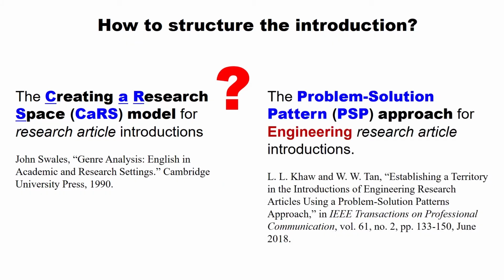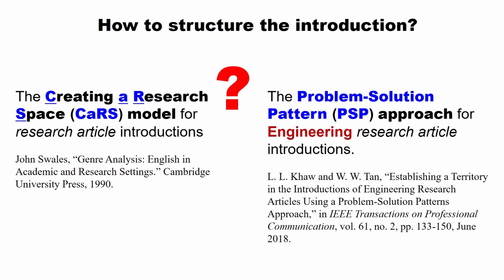More recently, in 2018, Kao and Tan proposed an adapted CARS model for engineering research articles based on the problem-solution pattern. However, no model has yet been developed for engineering master's theses.